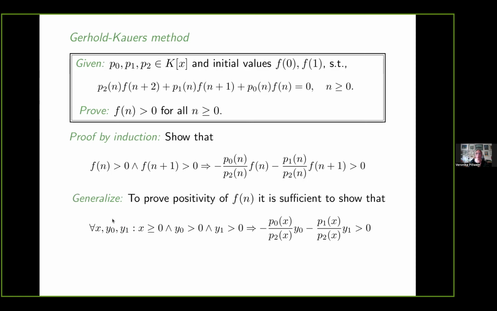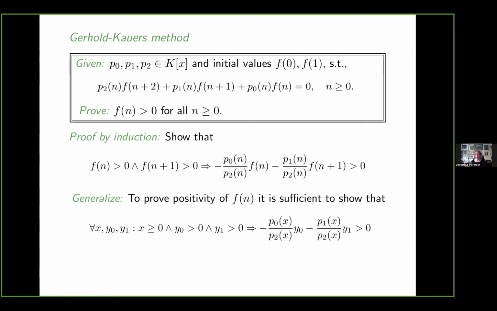The y0 corresponds to the f_n up here, the y1 to the shifted f_{n+1}. Now the assumption is, I'm talking about non-negative integers, here non-negative real numbers. I assume that y0 and y1 are greater than 0, and then I want to show that f_{n+2} is greater than 0, and for this I use the recurrence relation and my new real variables.